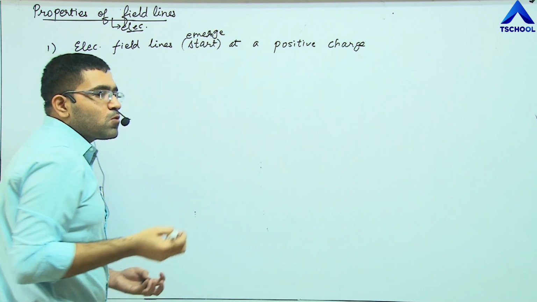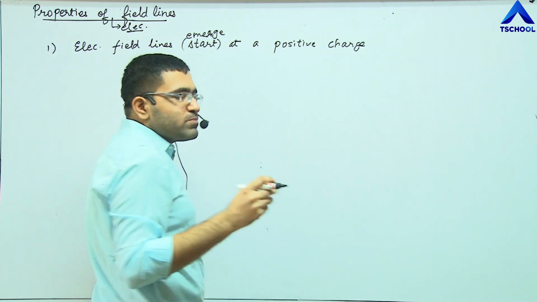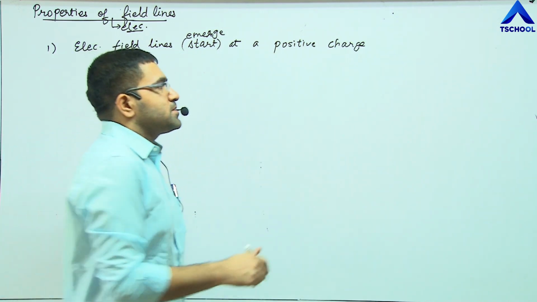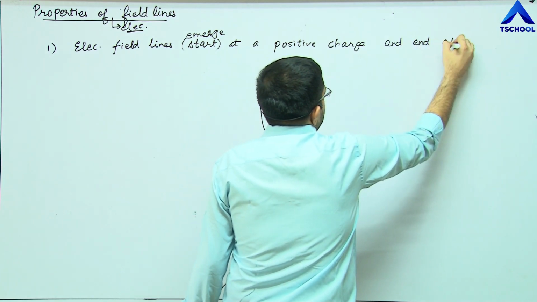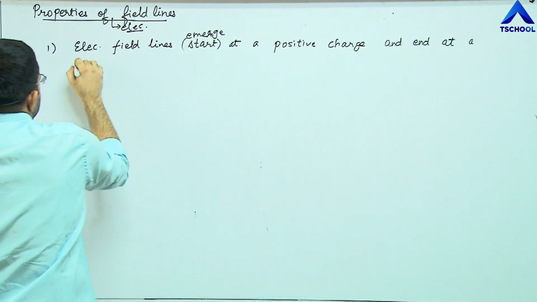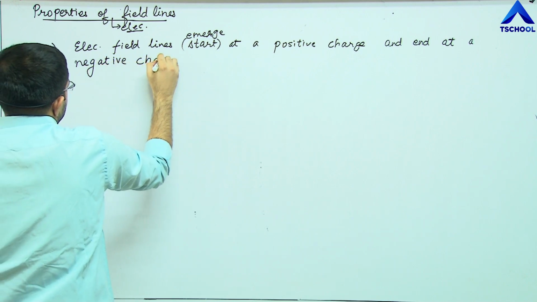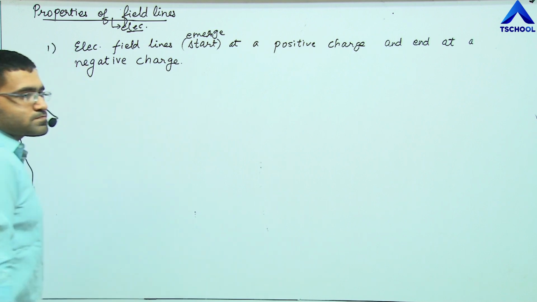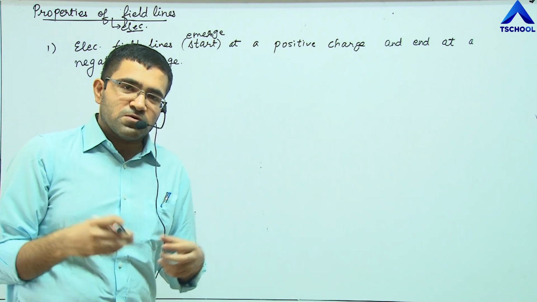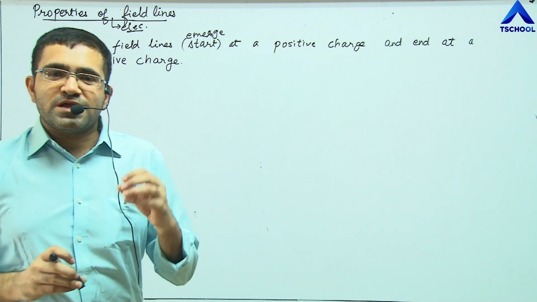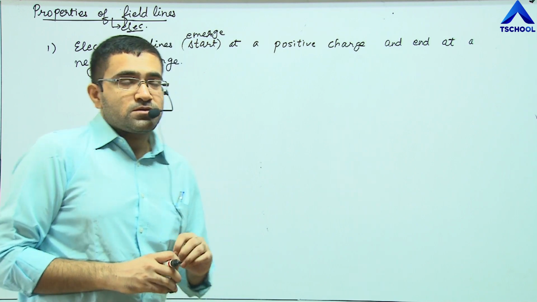Emerge, that is, come out. Okay, so electric field lines emerge or start at a positive charge and end at a negative charge. Right? So electric field lines will come out or emerge from a positive charge and they will only end at a negative charge, right?